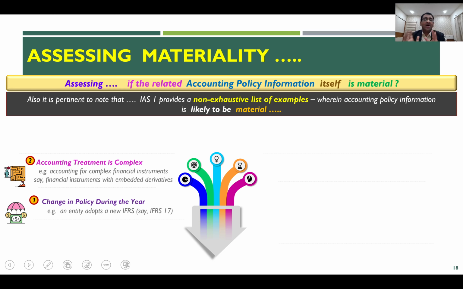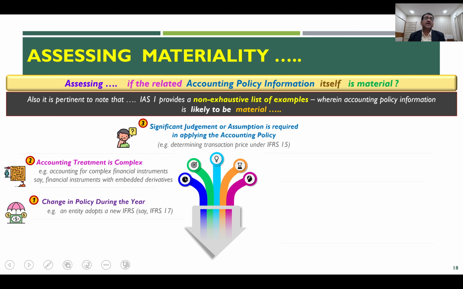So this accounting itself is complex. In these circumstances, where the accounting treatment is complex, the standard says that the accounting policy related to such transactions is likely to be material, which means you've got to disclose them.